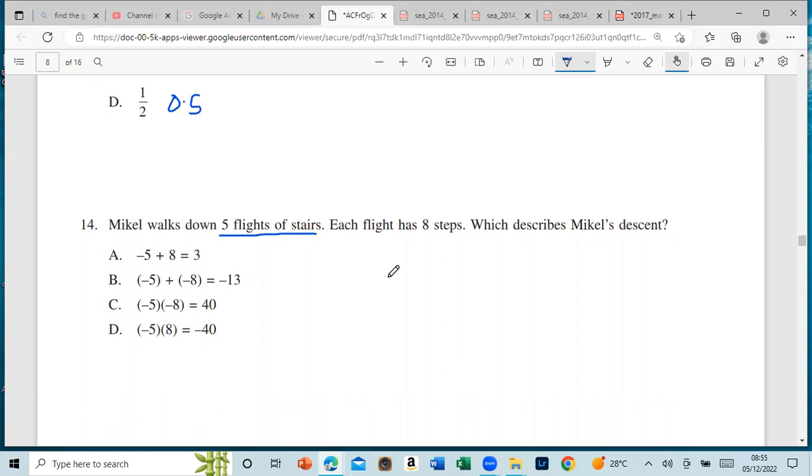So down he goes, and each flight has 8 steps, so it would be 8. I'm going to go with B, since it's down.